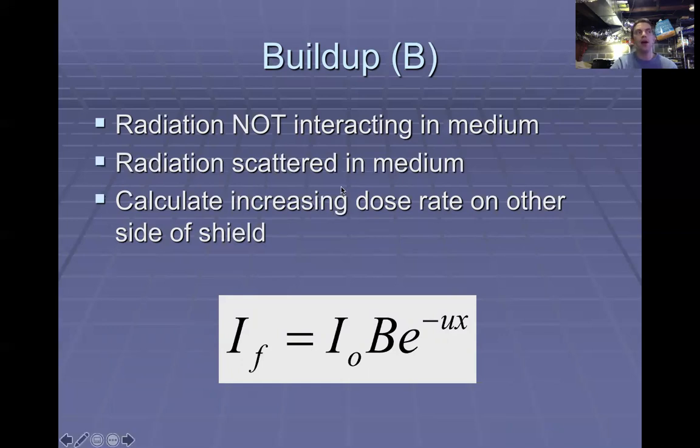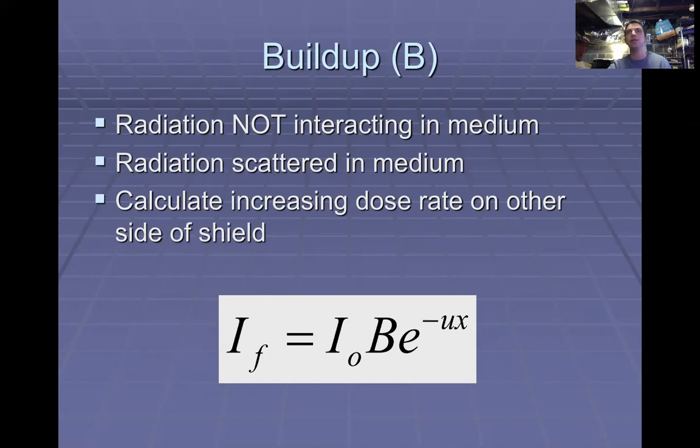So if you have a radiation beam coming through a shielding material, through a shield, there's going to be a variety of energies. Even if you have a radioactive source that only spits out one energy of radiation, there's going to be scatter. There's going to be all sorts of influences that make that radiation not a monoenergetic beam. So as that range of energies moves through the shield, the lower energy radiation is going to be stopped more prominently than the higher energy radiation.